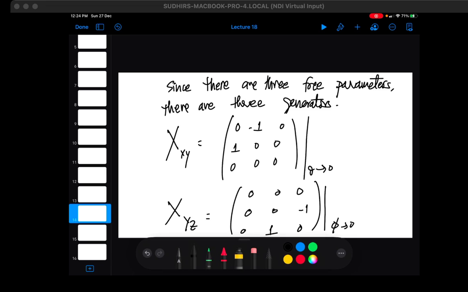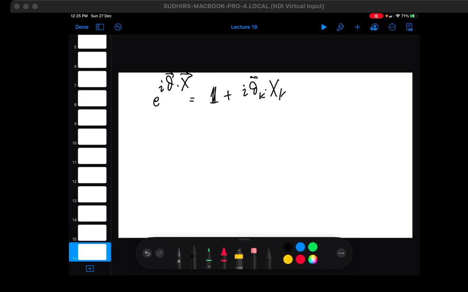Now let me expand this. The first term would again be 1, which is what is expected, plus i theta_k x_k, essentially summed over all k, plus... Now what will happen to the second term?